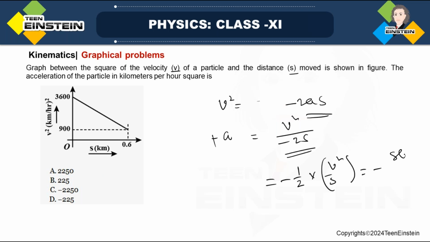So a is minus slope by 2. Now if we want to find the slope for this curve, this is a linear curve, so the slope will be delta v square by delta s. Okay, the slope of this curve is y by x or dy by dx. So this is actually 3 this and this.